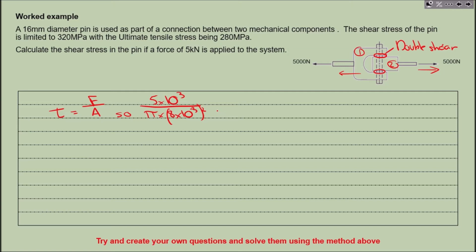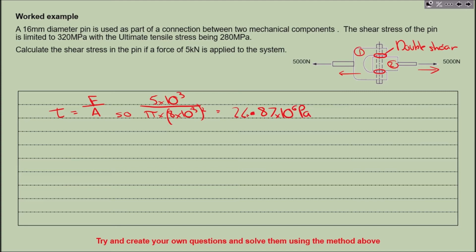I'll give you a sec to pop that in your calculator. The answer that we're going to get is 24.87 times 10 to the 6 pascals.